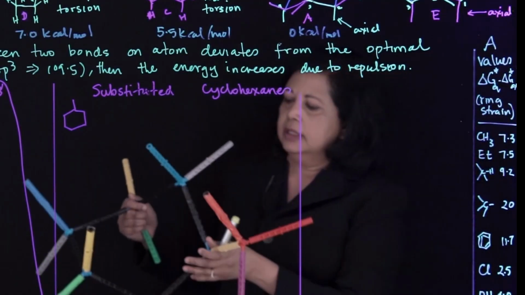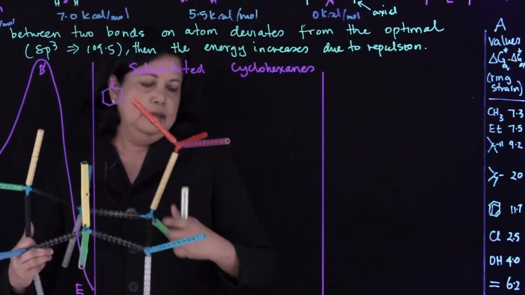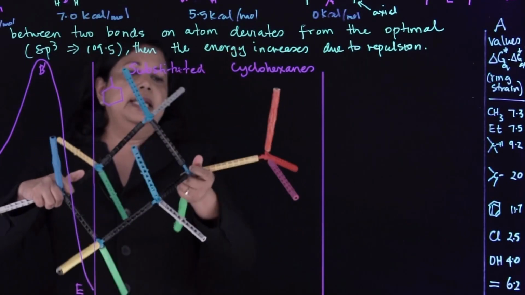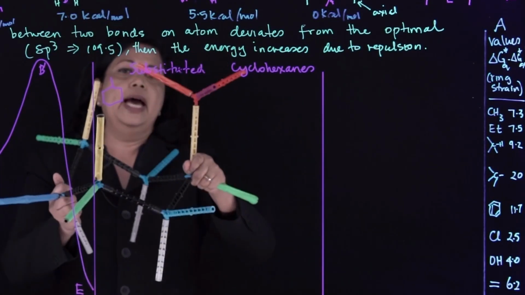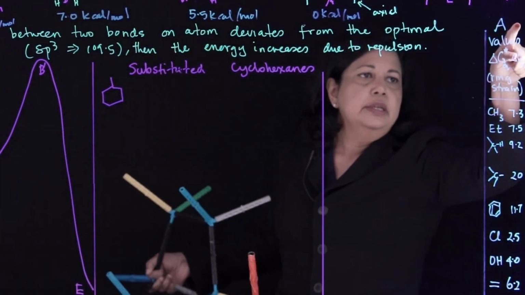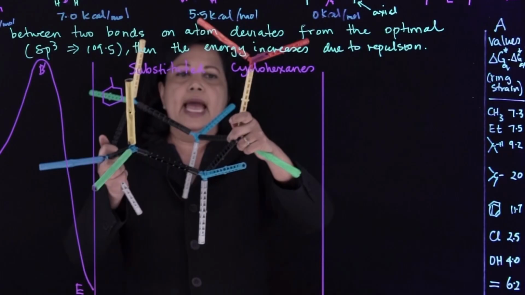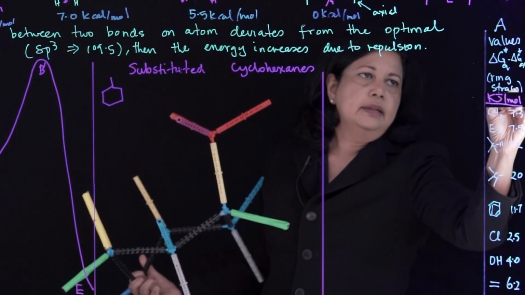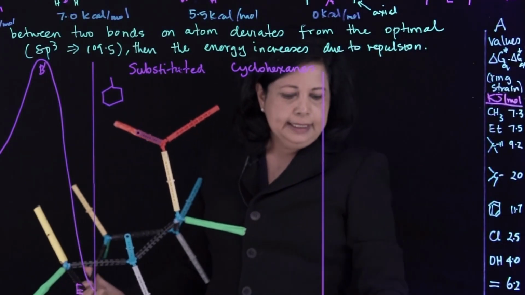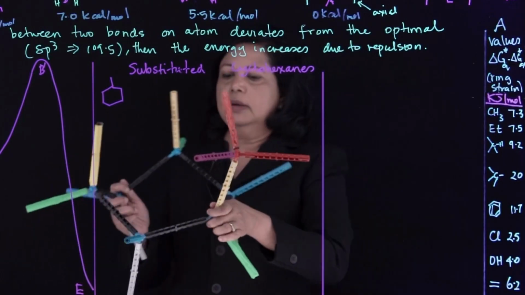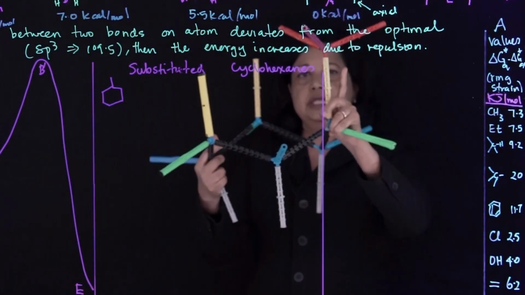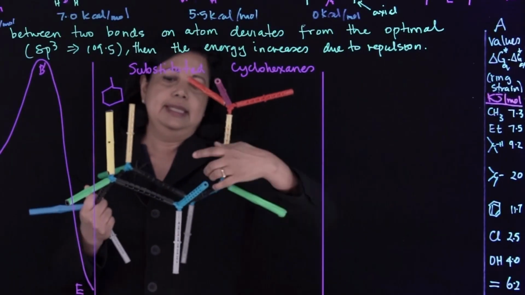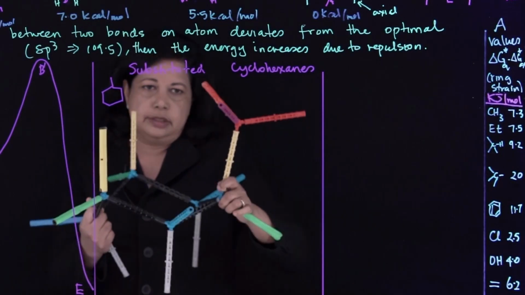They've calculated the difference in energy for one group at a time when it's in the axial position versus the equatorial position. That difference is called the A value. So if you have a methyl group, the axial has 7.3 kilojoules per mole more than the equatorial, because the cyclohexane would be the same for both. It's just this group that causes the extra strain, okay, by bumping into this and having a 1,3 gauche interaction.